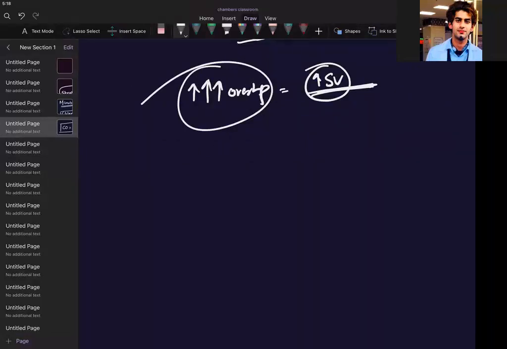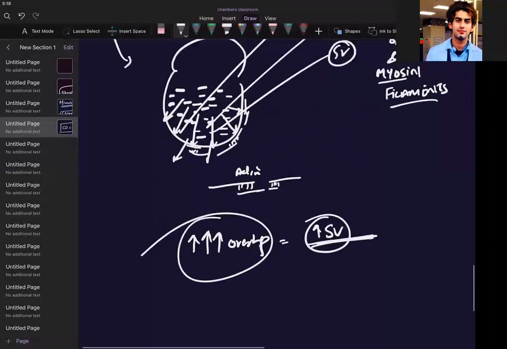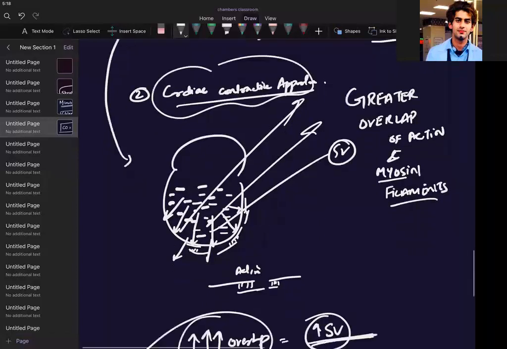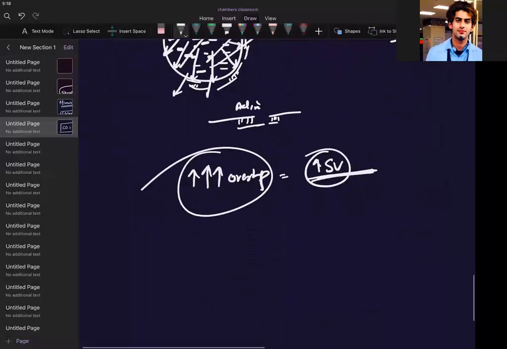Okay, now see, the second theory, the cardiac contractile apparatus business. You have a contractile apparatus in your myocyte.